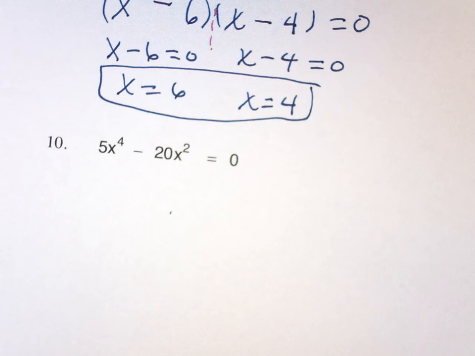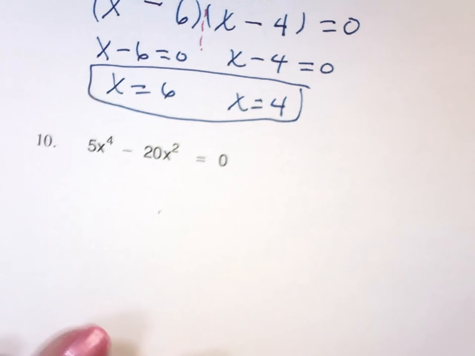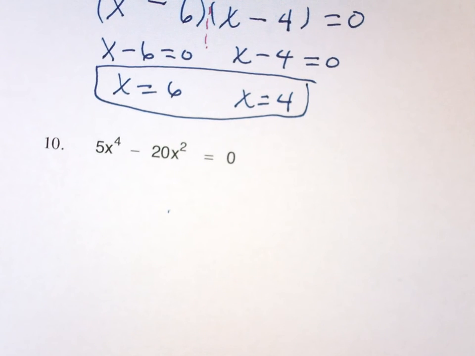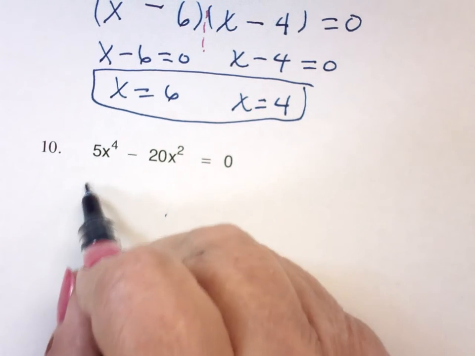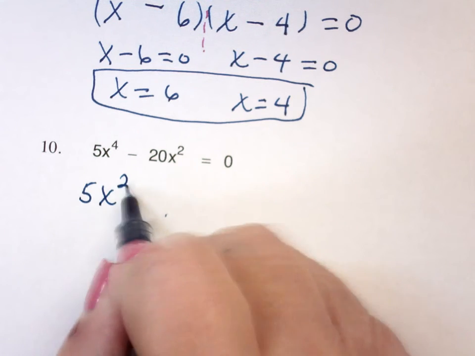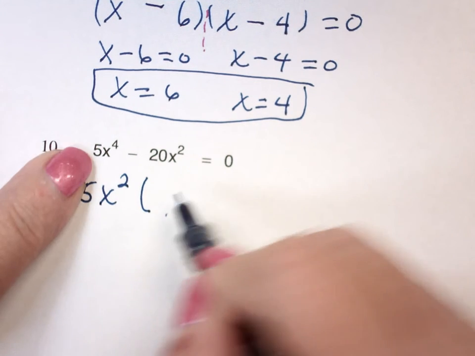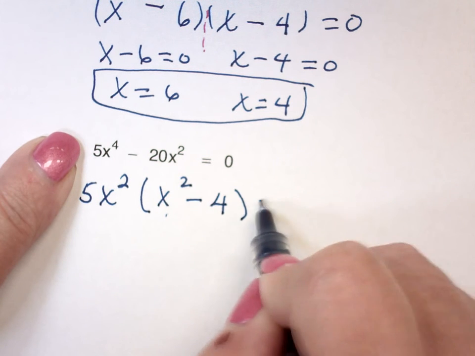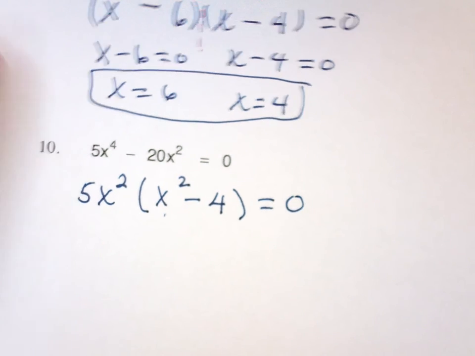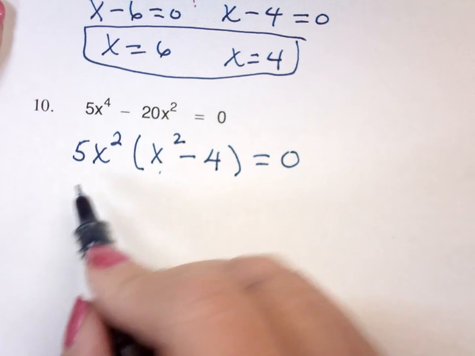Last problem. It said equal to 0, so we're home free on that. There are no fractions, woohoo. But there is a greatest common factor of what? Of 5x and 5x squared. Well, this is going to give me an x squared minus 4. Am I done?